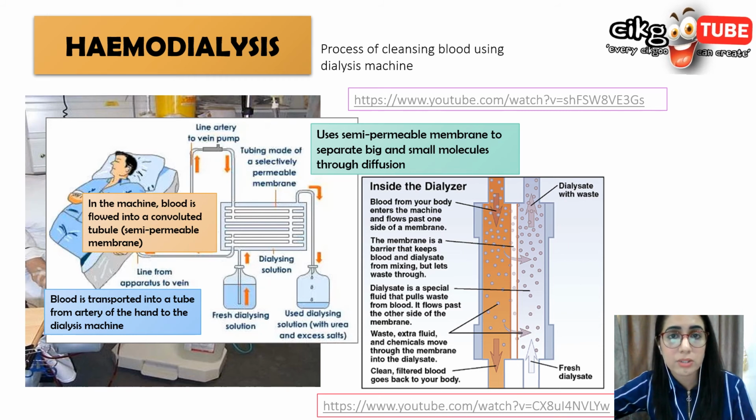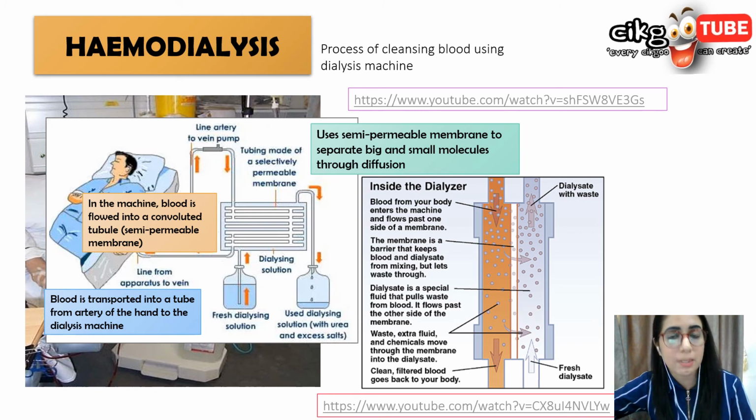Macromolecules such as protein and blood cells are very huge and are unable to cross the small pores, so they remain in the tube. Useful substances such as salt and glucose are relatively small, but they do not have a net movement into the dialysis fluid as their concentrations in the fluid and blood are equal.